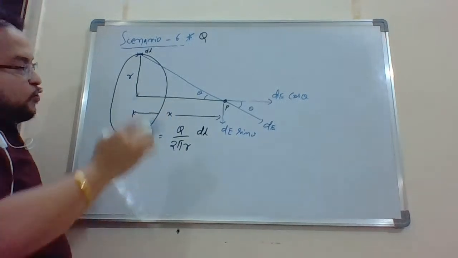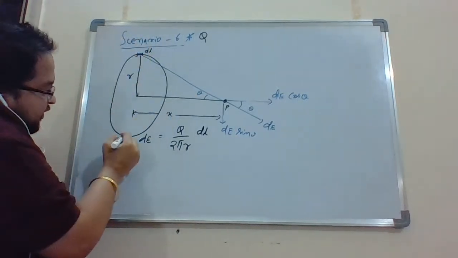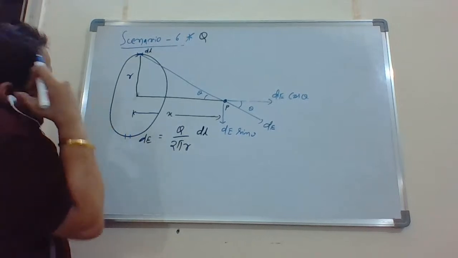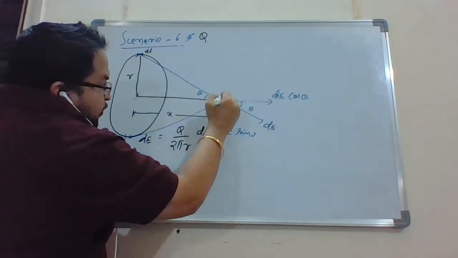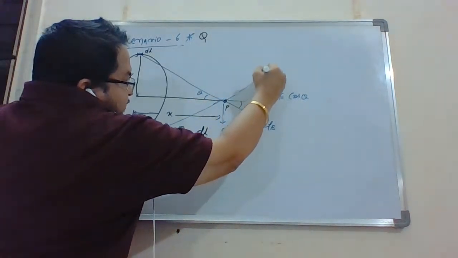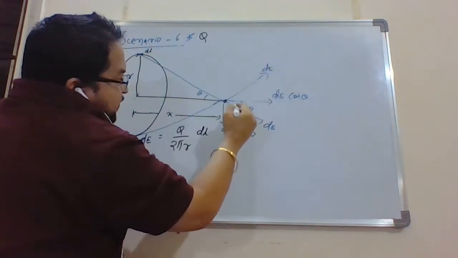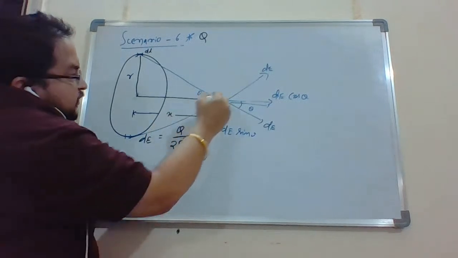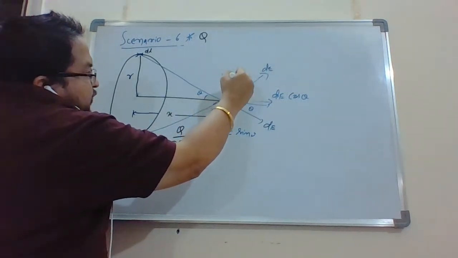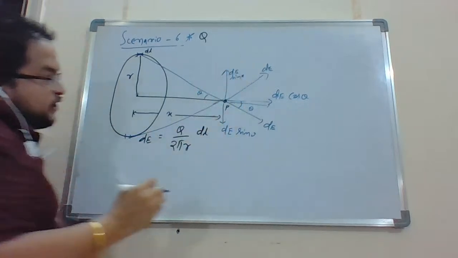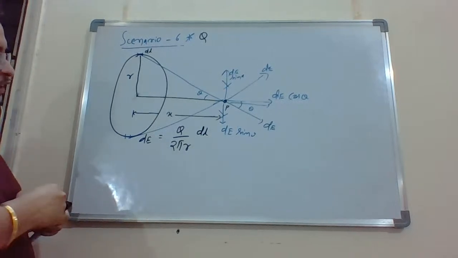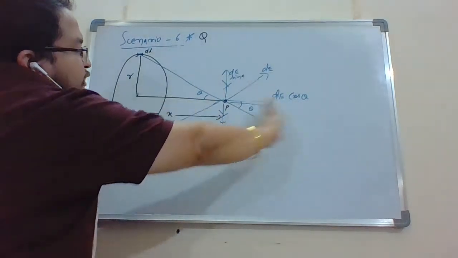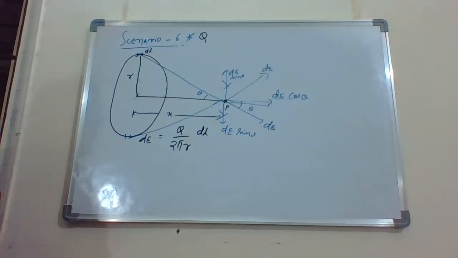Now I will have a similar segment on the other side also, which would also exert an electric field in this direction, and that one's cos component will be along this direction, sine component along this direction. So this component and this component will cancel out each other, and the net field would be only along your x-axis, or the axis of the ring.